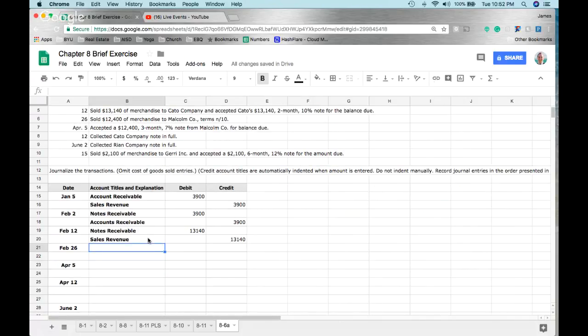So February 26th, I mean, you'll have to put these dates in, but I just put them in to speed it up a little bit. Sold $12,400 in merchandise to Malcolm Company, term net 10. February 22nd is the accounts receivable for 12,400.